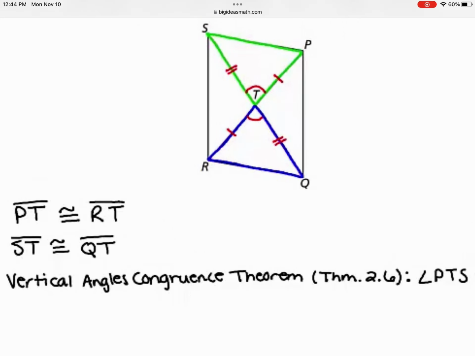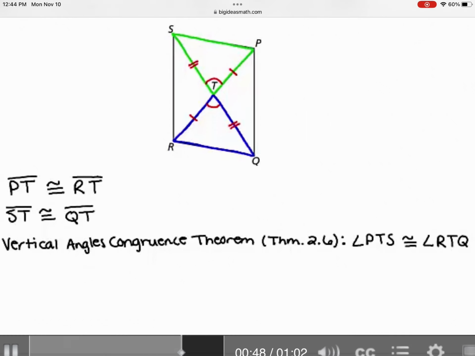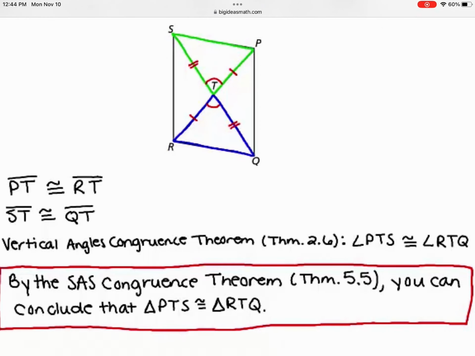Now, notice that two sides and the included angle of triangle PTS are congruent to two sides and the included angle of triangle RTQ. Therefore, by the side angle side congruence theorem, you can conclude that triangle PTS is congruent to triangle RTQ.